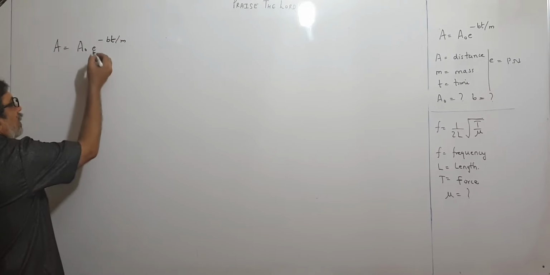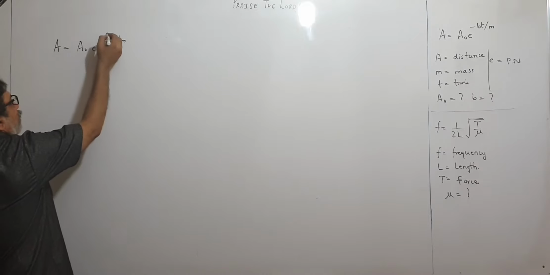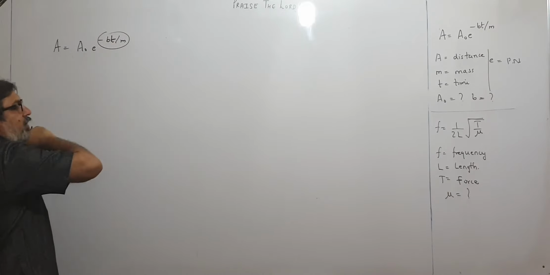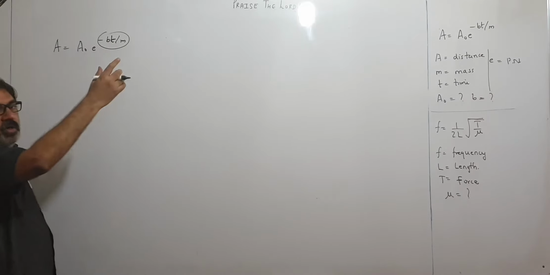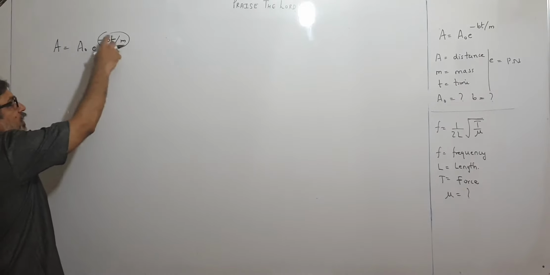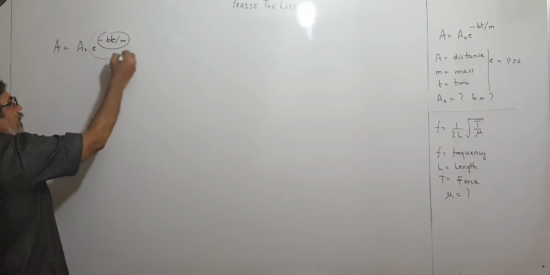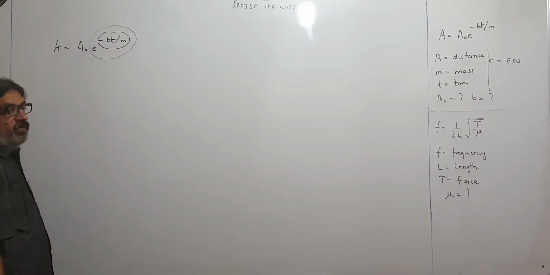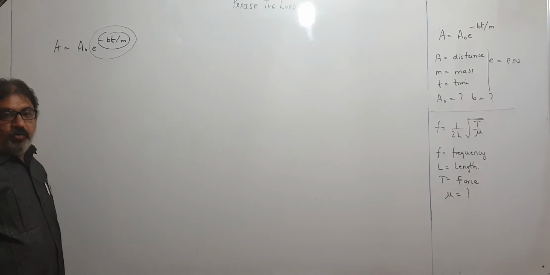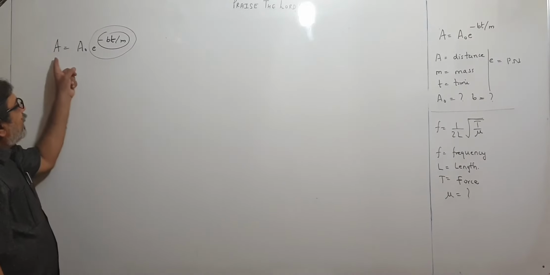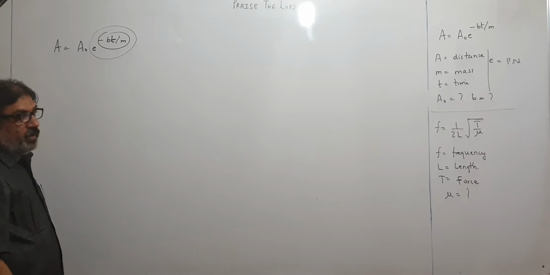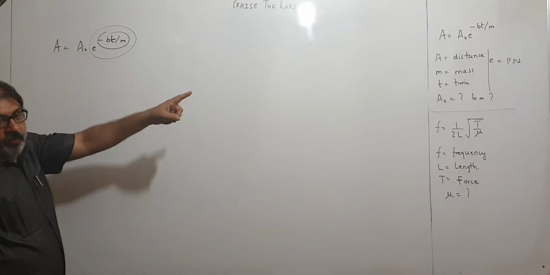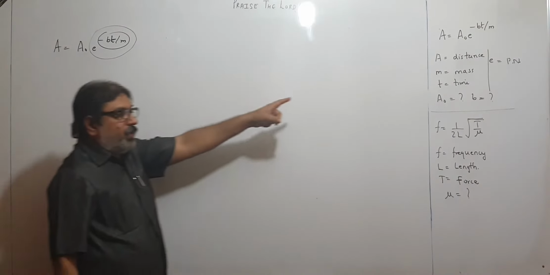Now children, this is a pure number and power always is a pure number. So pure number raised to pure number, constant raised to constant, this will be a constant number, total thing. That means there are no units, it will not contribute to units, and therefore A and A0 will have same units. A is distance, it is told to me, you can see over there, A is distance.